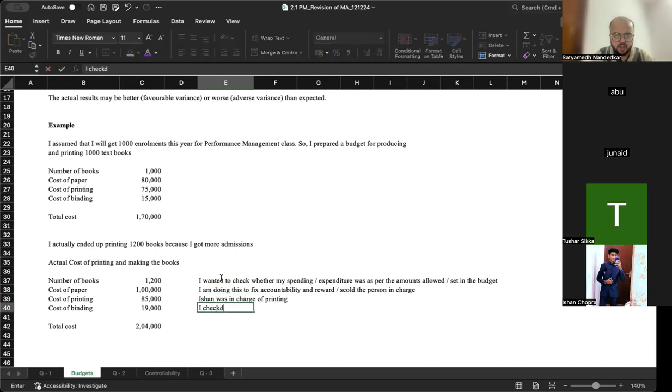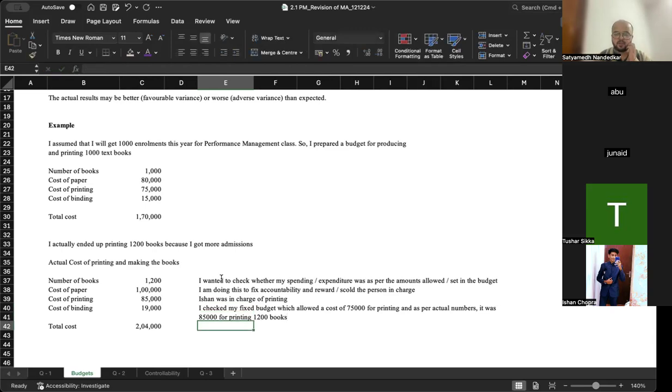Now, Ishan was in charge of printing. I checked my fixed budget, which allowed a cost of 75,000 for printing, and as per actual numbers, it was 85,000 for printing 1200 books.